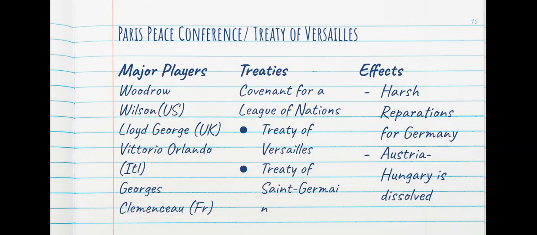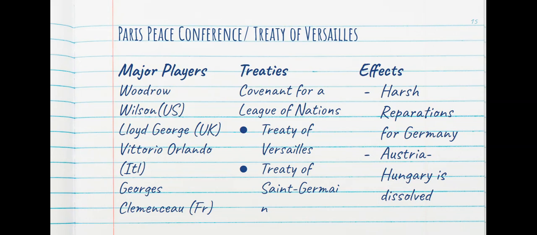After that, in 1919, Paris hosts the peace conferences, and so the terms of the peace are dictated by these men in the left hand column. These are the leaders of the war, basically: Woodrow Wilson of the United States, Lloyd George, the United Kingdom Prime Minister, Vittorio Orlando of Italy, and Georges Clemenceau of France.